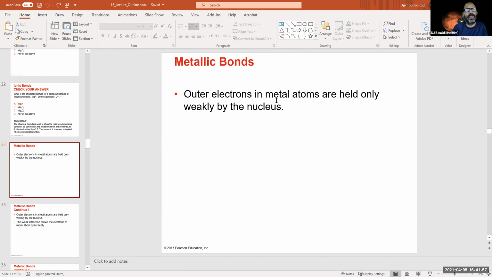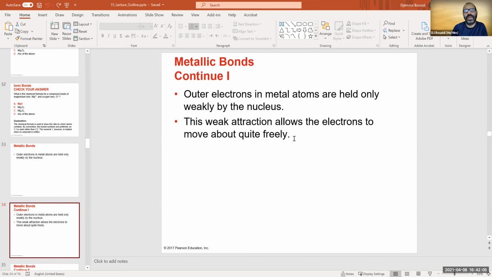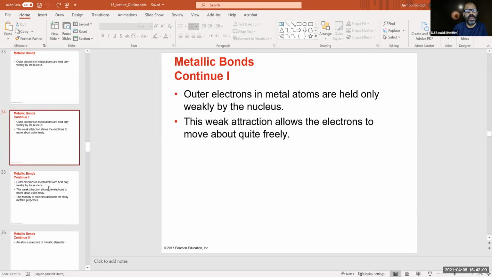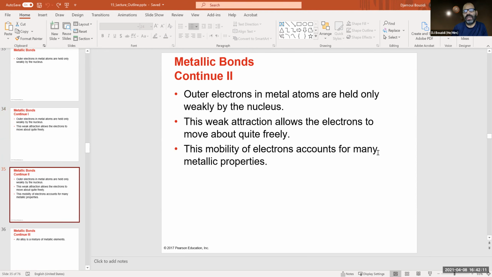So again, in the metallic bond, I mentioned that the outer electrons are held, yes, but not strongly to the nucleus. And this weak interaction allows the electrons to move freely, especially with temperature. This mobility of electrons accounts for many metallic properties, like, for example, thermal conductivity and electrical conductivity.